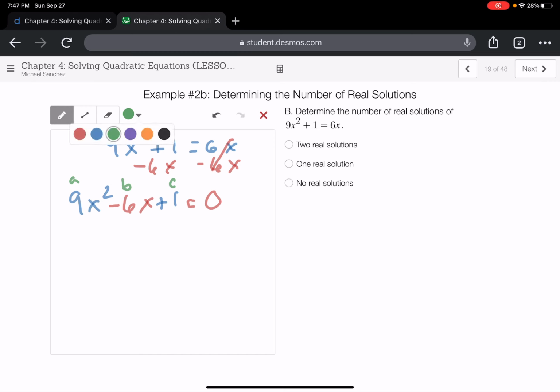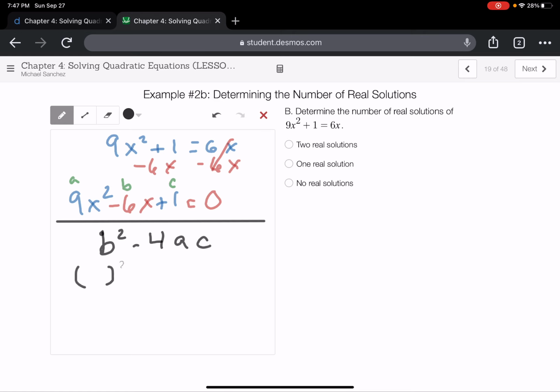Now I'm going to write my discriminant and see if this has 1 solution, 2 solutions, or no solutions. Our discriminant is b squared minus 4ac, so I need b to the power of 2 minus 4 times a times c.